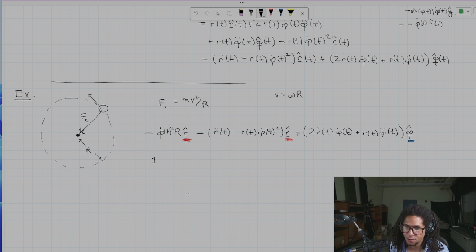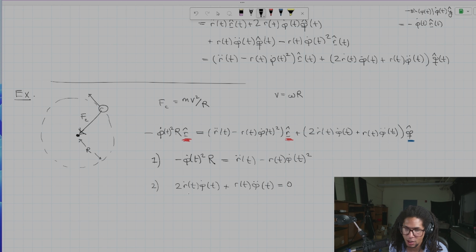The first one, in the r hat direction, is minus phi dot of t squared R is equal to r double dot of t minus r of t phi dot of t squared. The second one is 2 r dot of t phi dot of t plus r of t phi double dot of t is equal to 0.